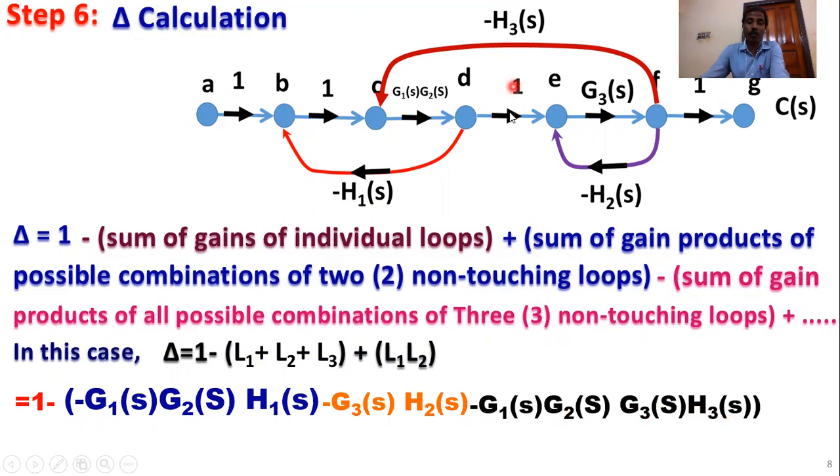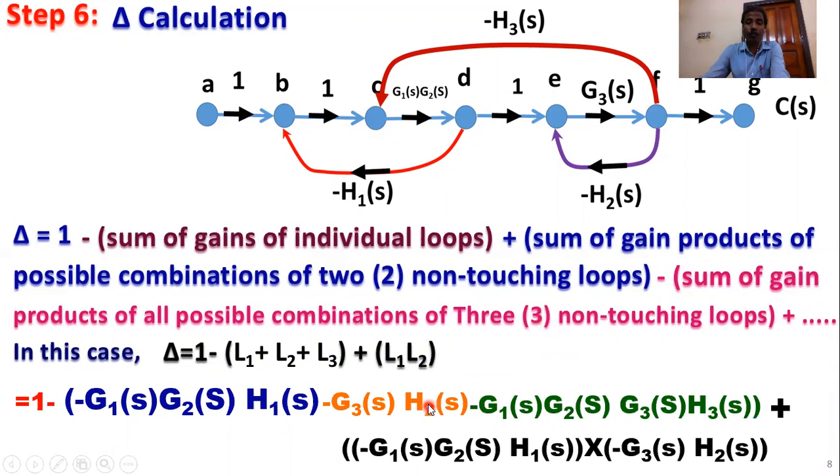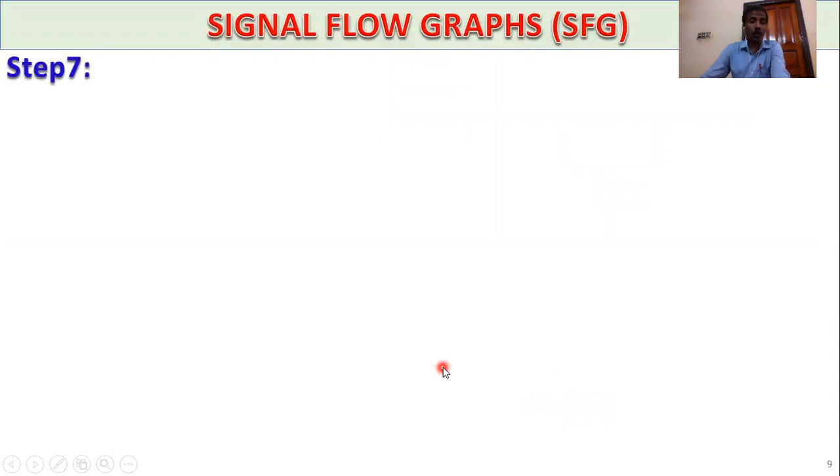This is the third loop gain, plus the individual loop gains. That means this into this, minus G1, G2, H1S and G3 into H2S. So this is the delta. Delta equals ultimately 1 minus L1 plus L2 plus L3 plus dot dot dot L1 into L2.